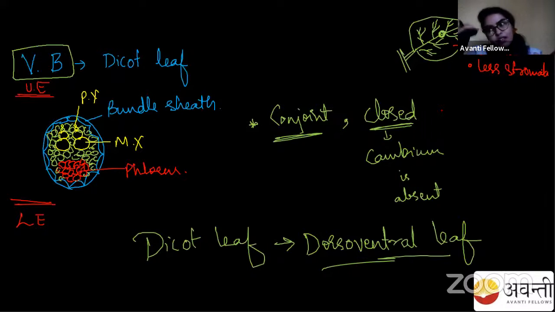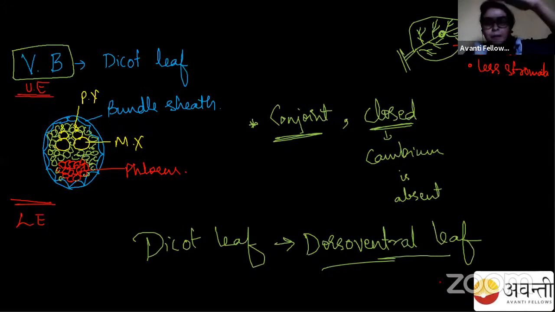That's why most stomata are present on the ventral side, the lower surface of the leaf. So dorsoventral means nothing but that: the morphological appearance, physiological function and anatomical structure are all different in the upper and lower parts of the leaf.